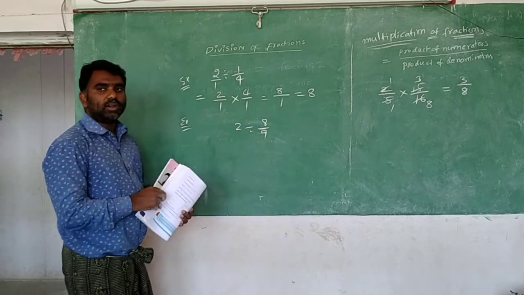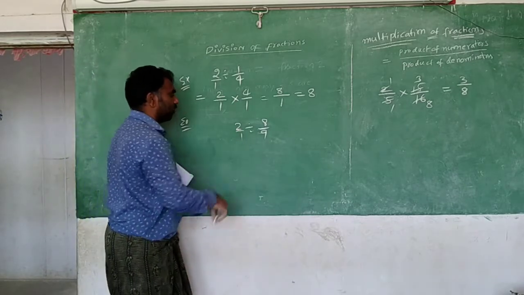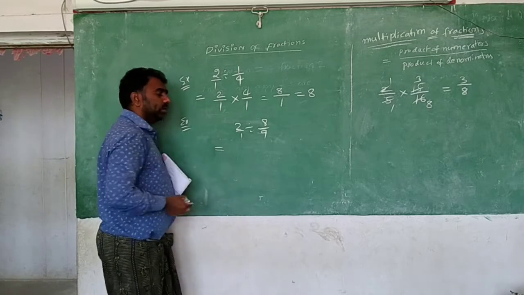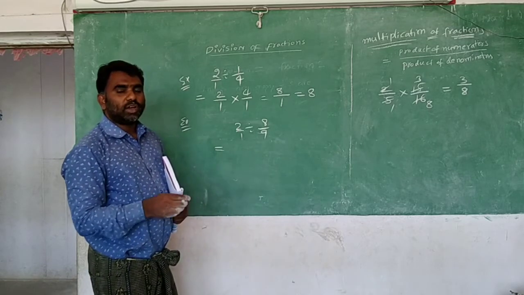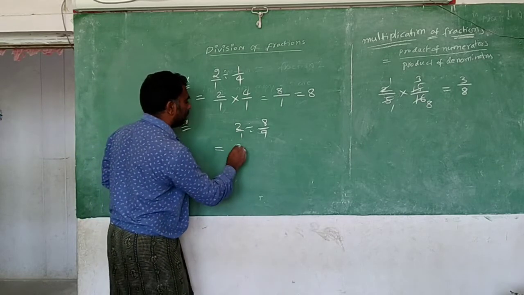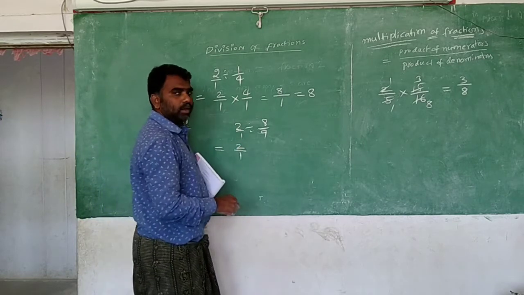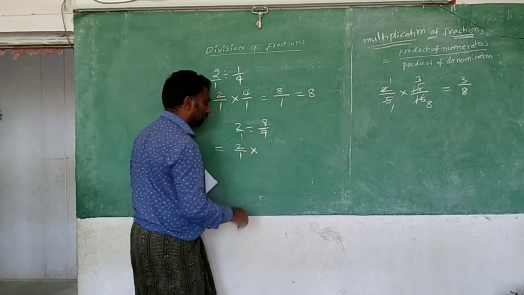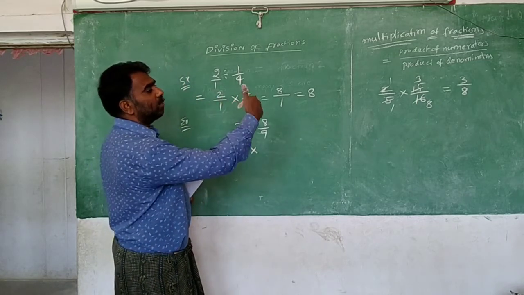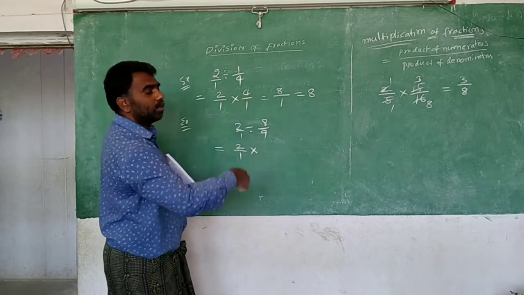Okay, first of all I said to you, convert this into fraction form. Then convert that into multiplication. Division we should convert into multiplication. How should we do that? First fraction as it is, division symbol into multiplication. Then for the second fraction, you take the reciprocal.